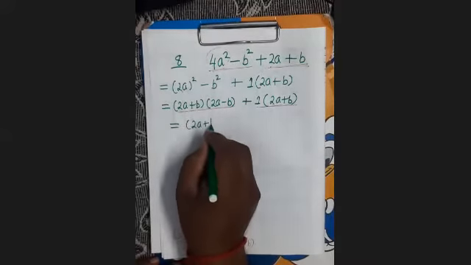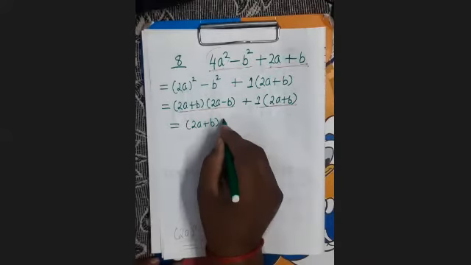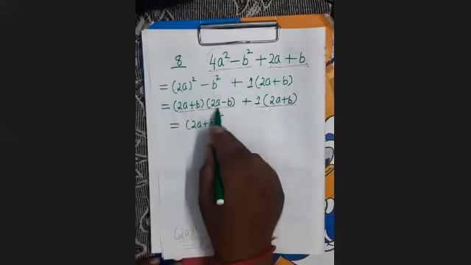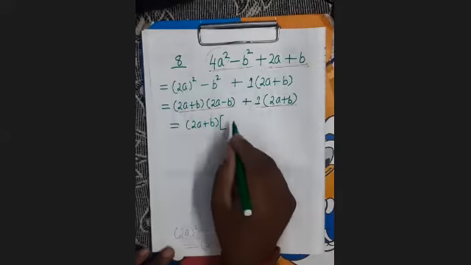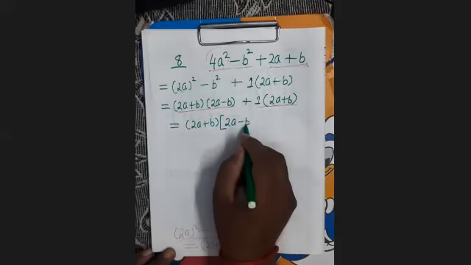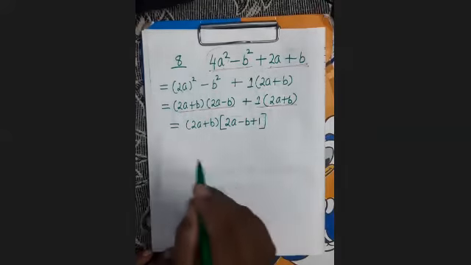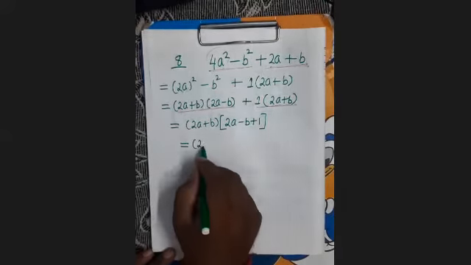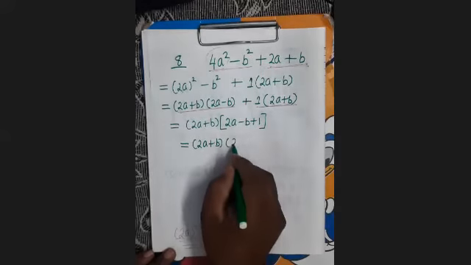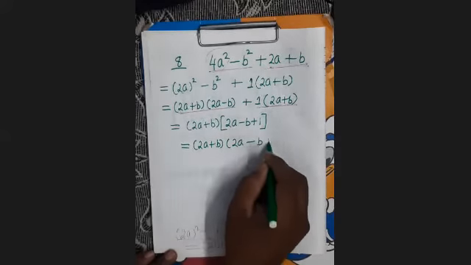When you take 2a plus b common, what will be left here? 2a minus b plus 1. So now you rearrange, you write this 2a plus b, and this also you write in a small bracket, 2a minus b plus 1.